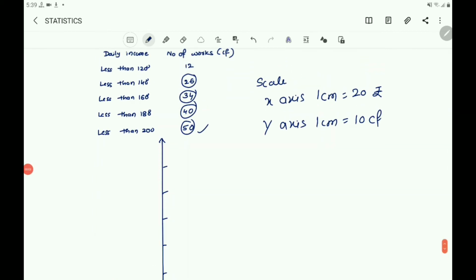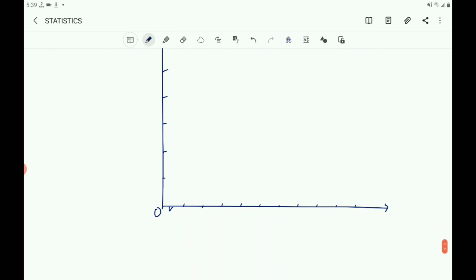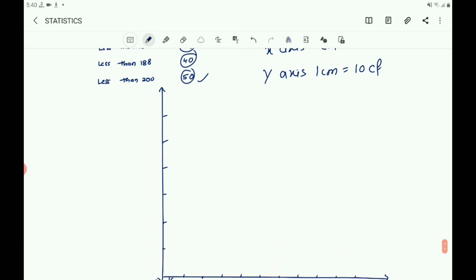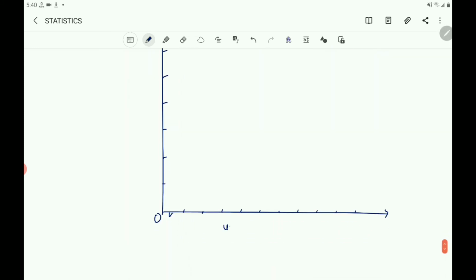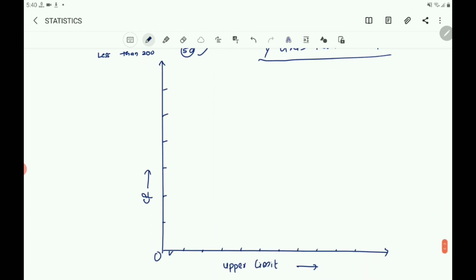If you do not have graph sheet, then also you can draw it by drawing two perpendicular axes, x-axis and y-axis, taking upper limits on the x-axis and cumulative frequency on the y-axis to draw the less than type ogive. The method is the same. Then the same scale: on the x-axis 1 centimeter equals 20 rupees, on the y-axis 1 centimeter equals 10 CF.